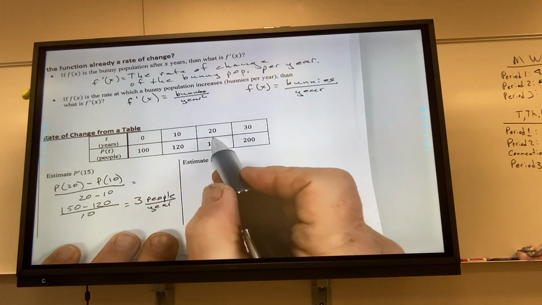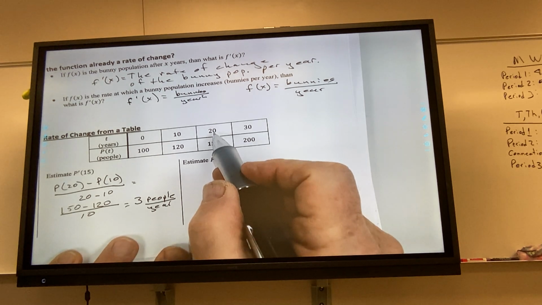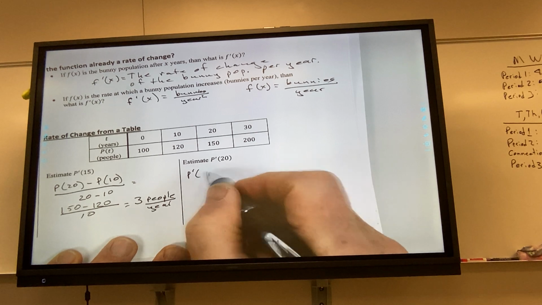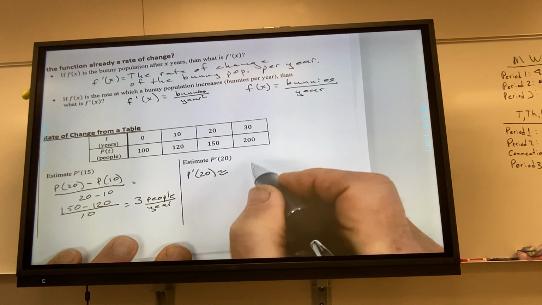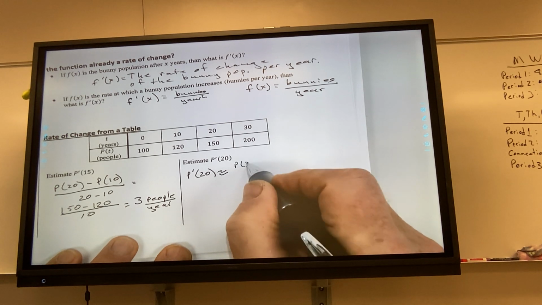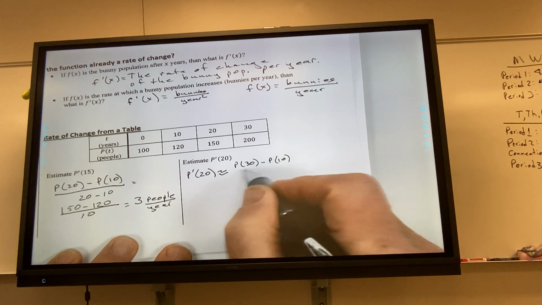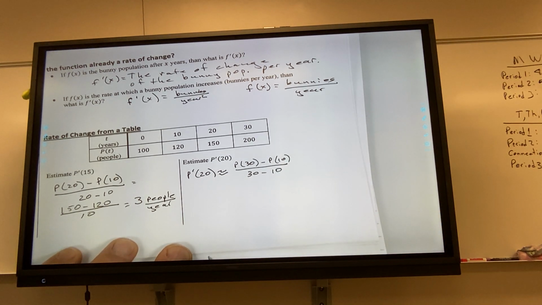The reason why, they give you 20, don't they? So, P prime of 20 could be configured this way: P of 30 minus P of 10 divided by 30 minus 10, which is kind of what you did before, right, Austin?